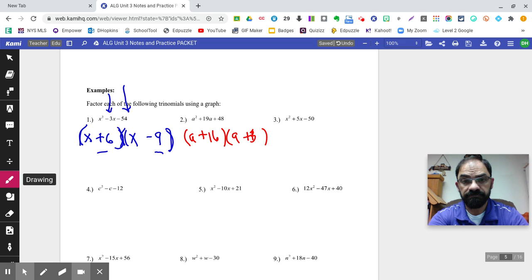Okay, the next one. X squared plus 5x minus 50. Factors of 50 that add to get 5.